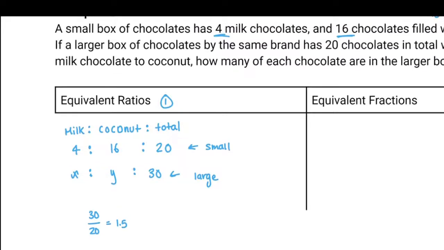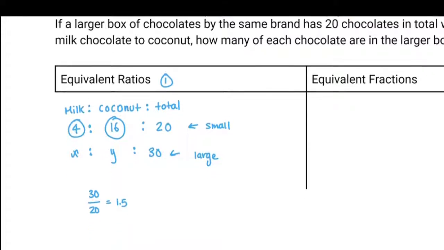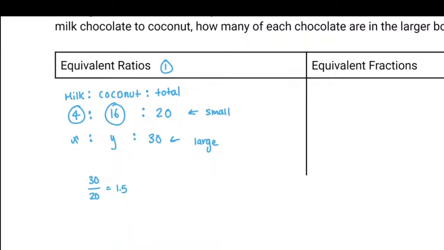So now we can multiply 16 and 4 by 1.5 to get the number of milk and coconut chocolates in the box. So 4 times 1.5, that would be 6. So there would be 6 right here, and then right here, 16 times 1.5, that would be 24.